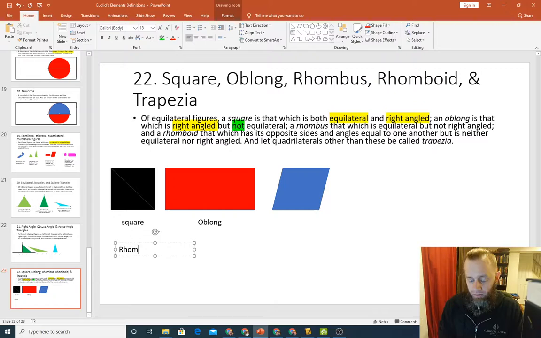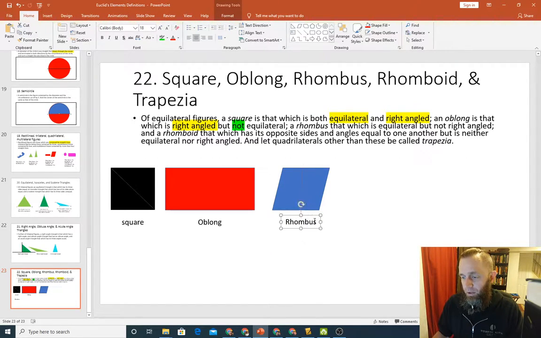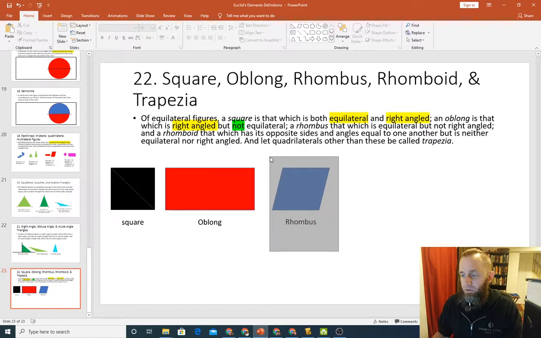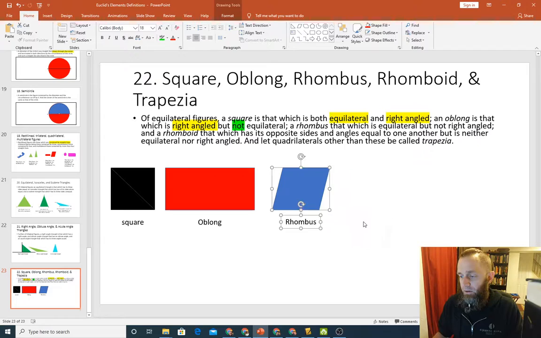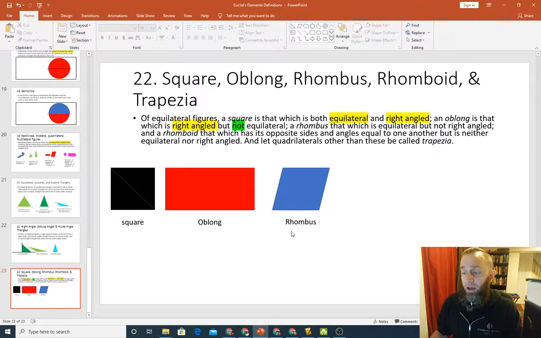A rhombus. Let's shrink this a little bit, and I'll put that under here. There we go. Let's just group those because that makes me feel good about my life. All right, those are grouped. And so rhombus is equilateral, but not right angled so far.